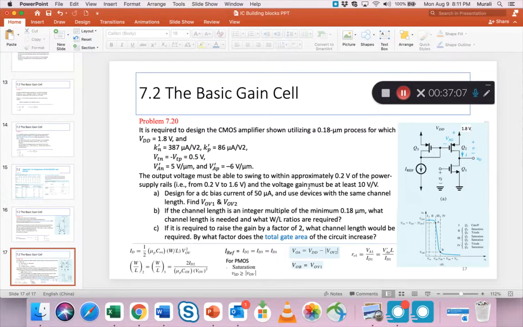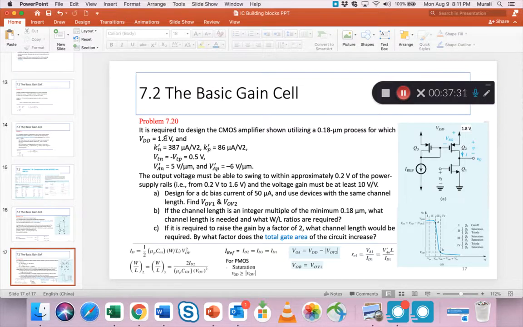Now, we start to look at amplifier behavior here. The output voltage must be able to swing to within approximately 0.2 volts of the power supply rail. So the power supply rail is at 1.8, right? 1.8 and 0. So we need to go 0.2.